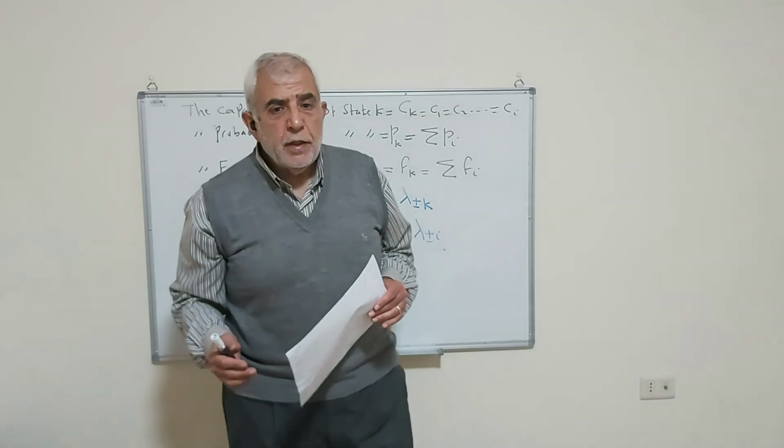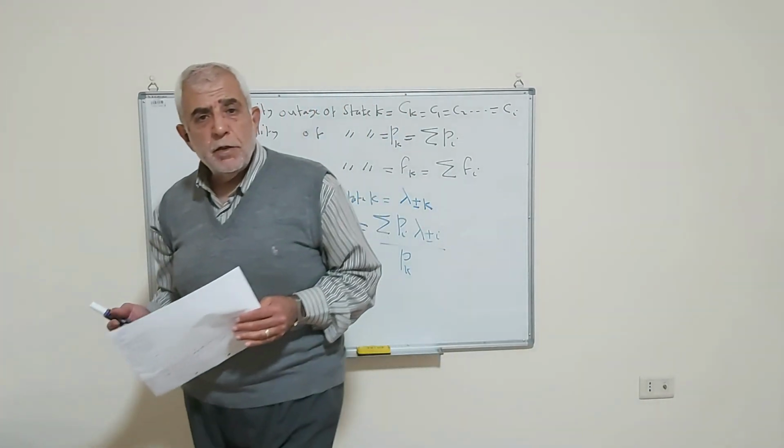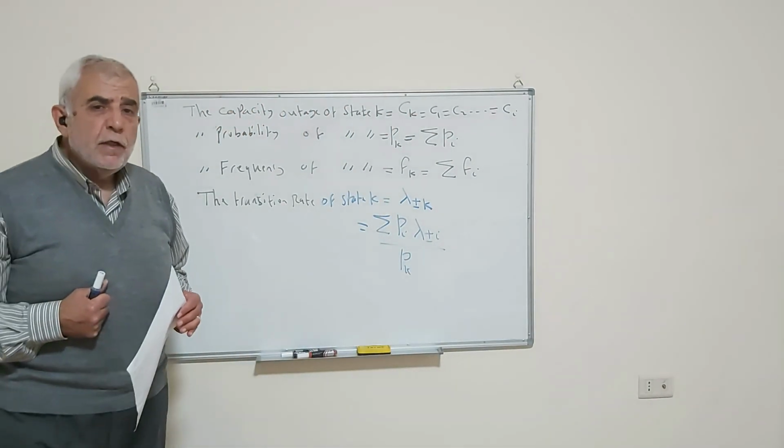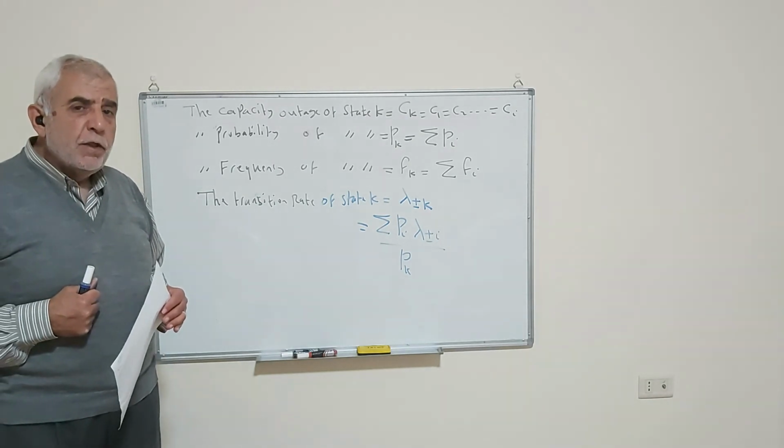So now by using these expressions and equations, we are going to find the following capacity outage table with frequency.